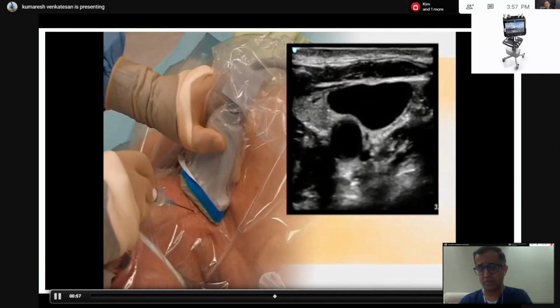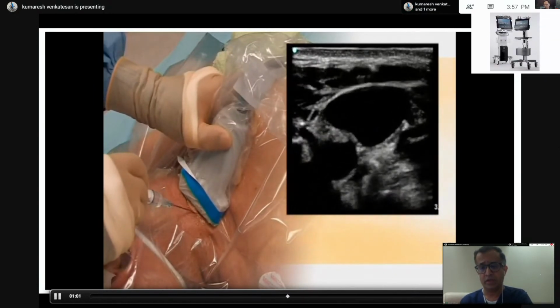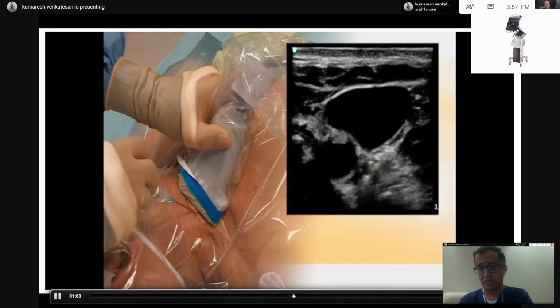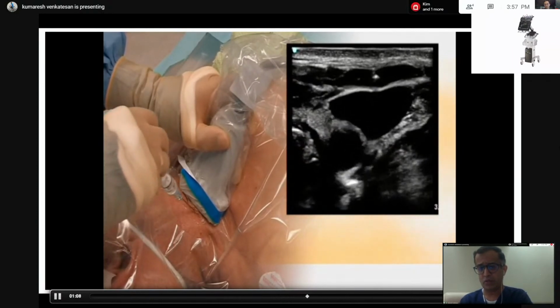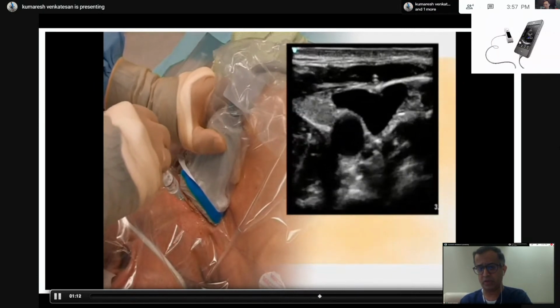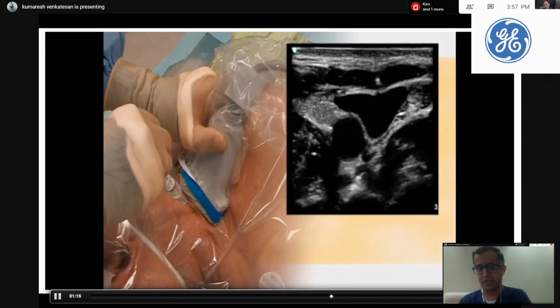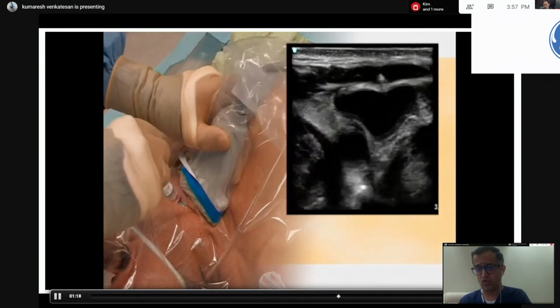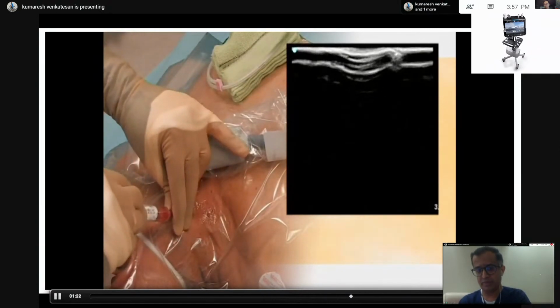The image goes blank when you do that. So once you make the skin puncture, make sure you constantly look for the tip of the needle, and you make sure you're making an indent on the anterior wall, and then you look for the bright spot in the vein. Here again, the operator did not look for the bright spot by the time he aspirated blood.